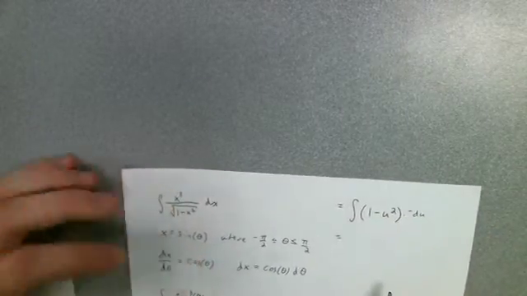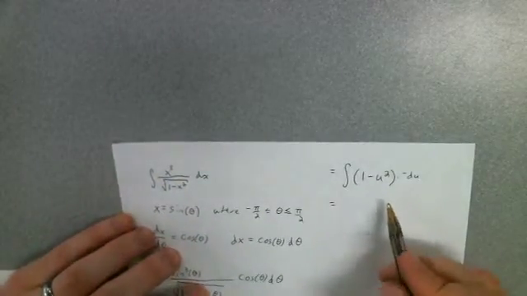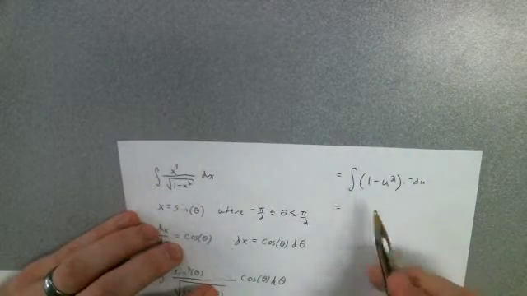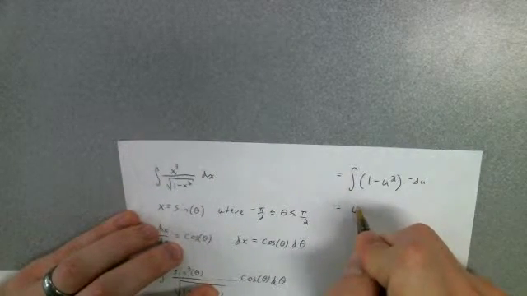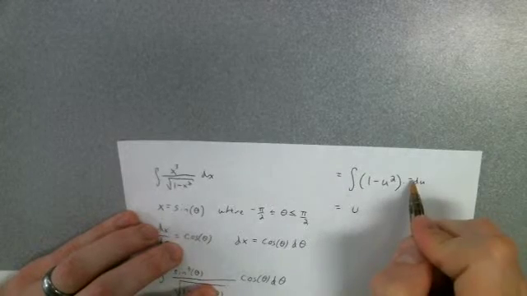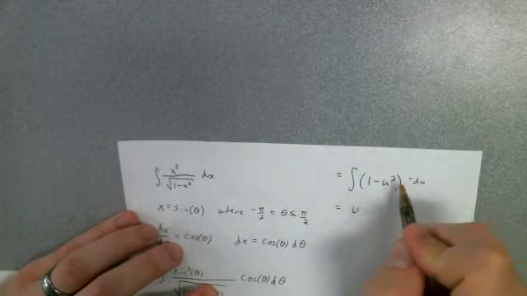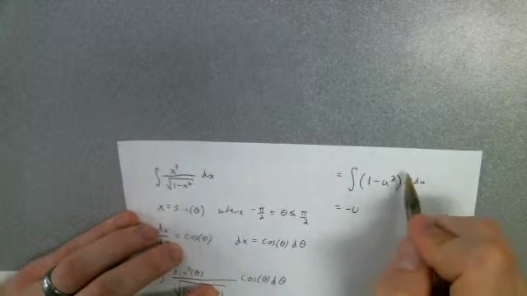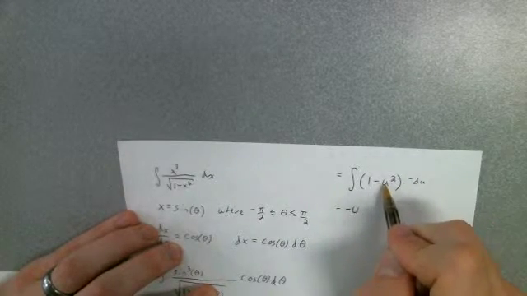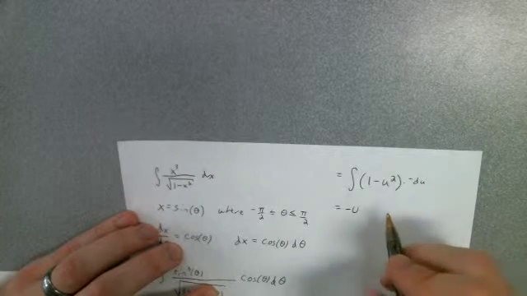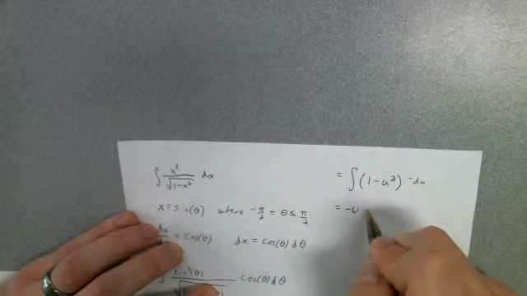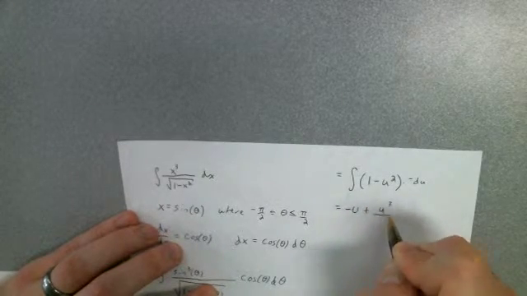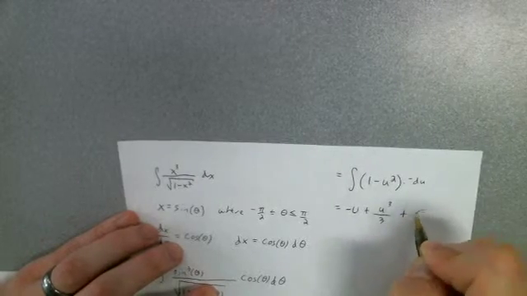All right. So now this integral is not so bad. Antiderivative of 1 will be u. Wait, but I got that negative sign. So I'll distribute the negative sign. Antiderivative of negative 1 will be negative u. If I distribute the negative sign, I got positive u squared here. Antiderivative of positive u squared, u cubed over 3. And don't forget your plus c.